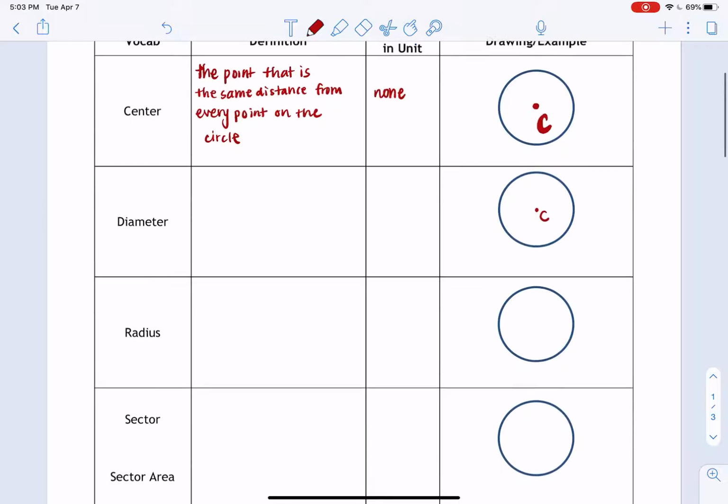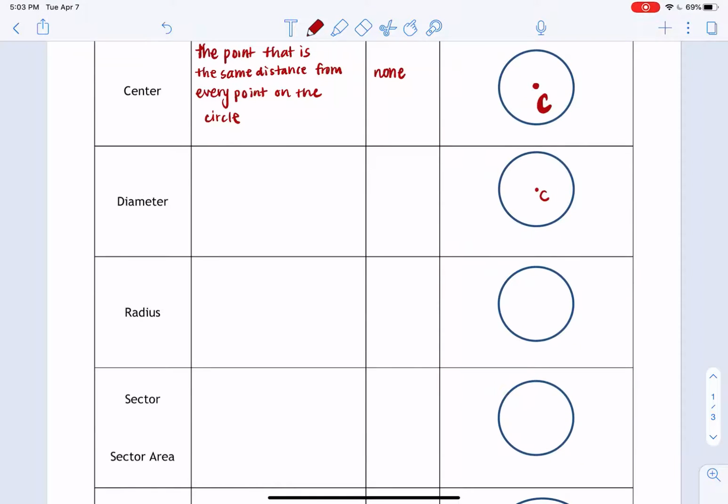So for our next vocab word, diameter, this should be another one we're familiar with. Let's go blue. It's going to be a line segment that passes through the center and the two endpoints are on the circle.